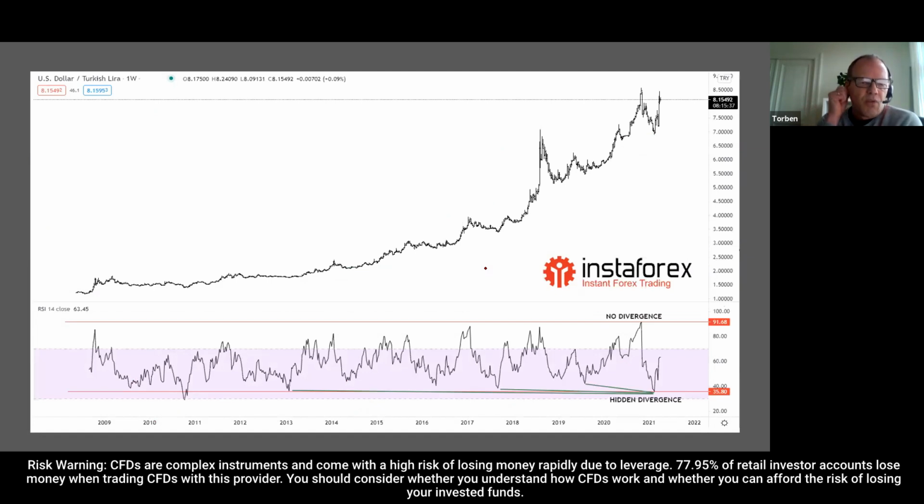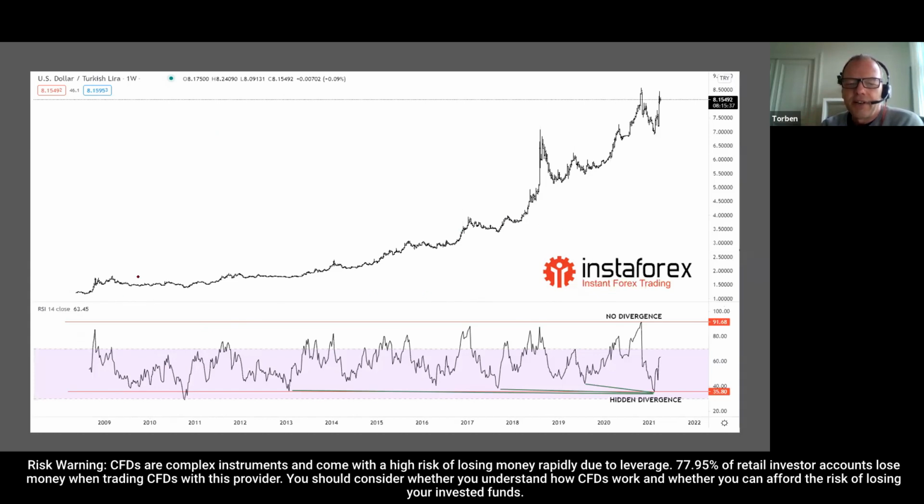Okay, so I was thinking hidden divergence. Could I find something where we have no divergence on the upside, but we have hidden divergence on the downside? And some of those that often do this are weak currencies. And this one is the Turkish lira against the US dollar.